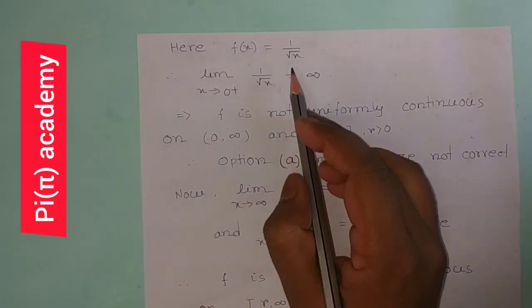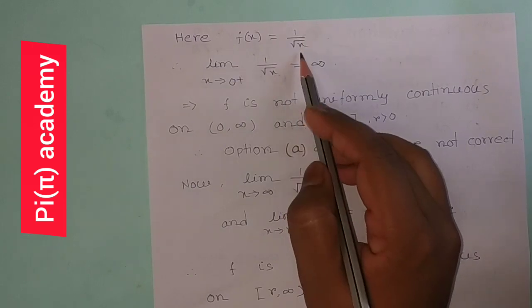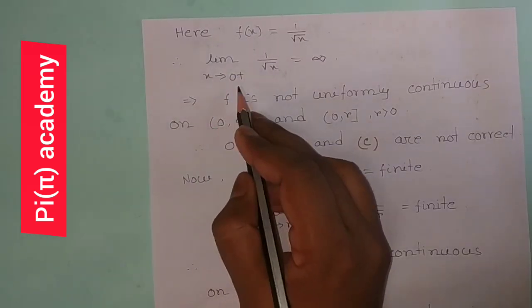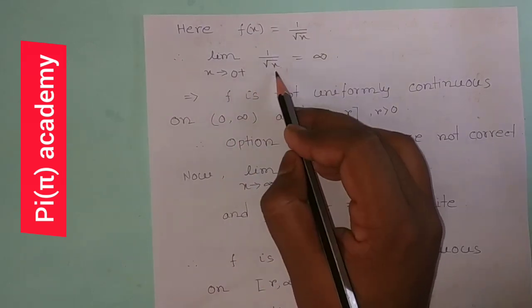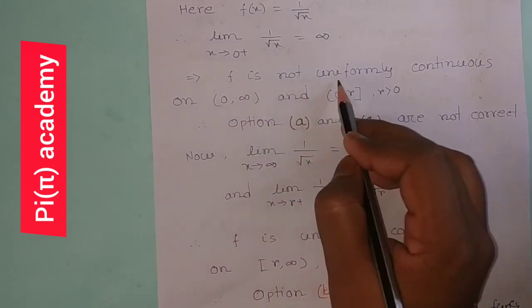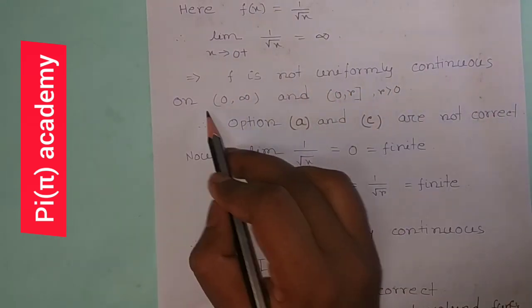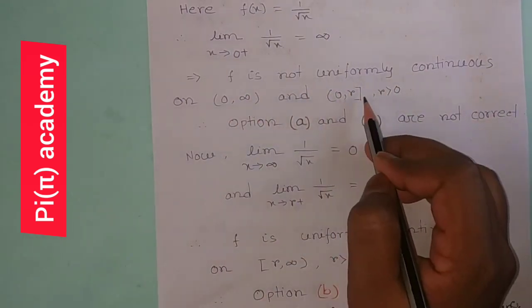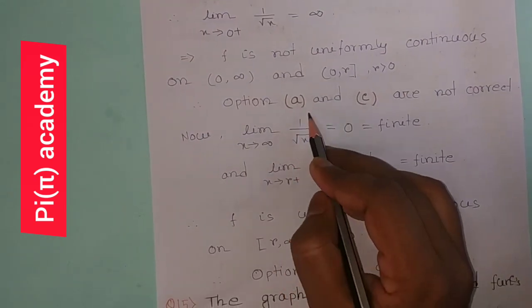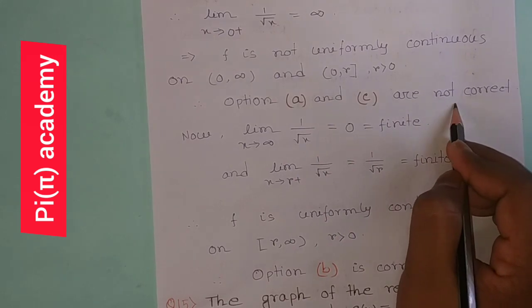Here f(x) equals 1 divided by root x. Therefore the limit as x tends to 0 plus of 1 by root x equals infinity. This implies f is not uniformly continuous on (0, infinity) and (0, r), where r greater than 0. So our options A and C are not correct.